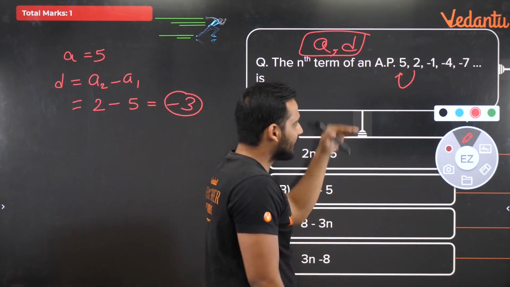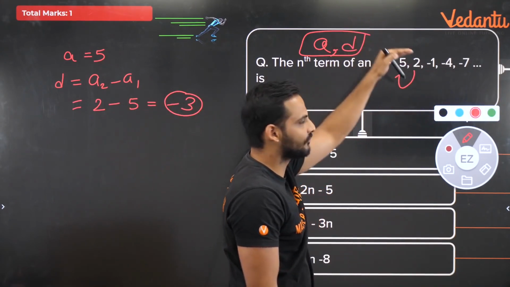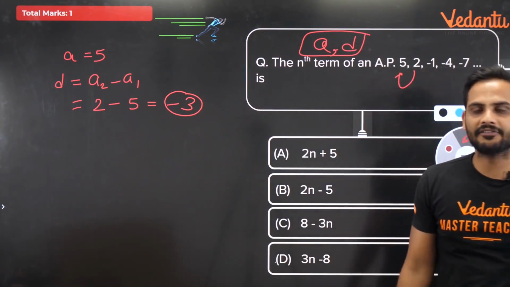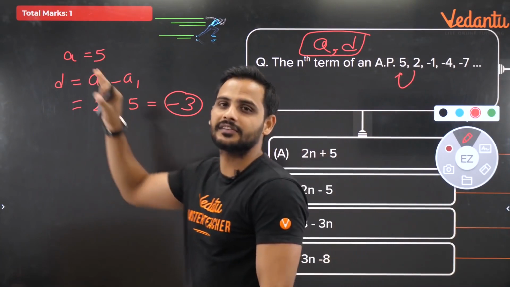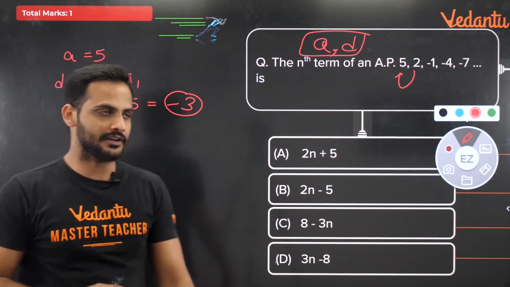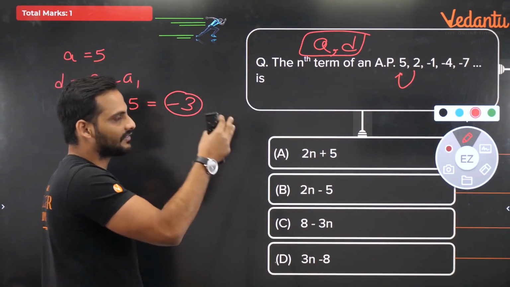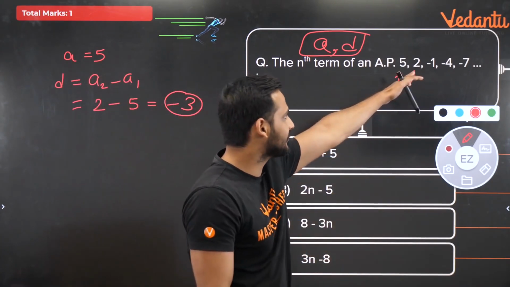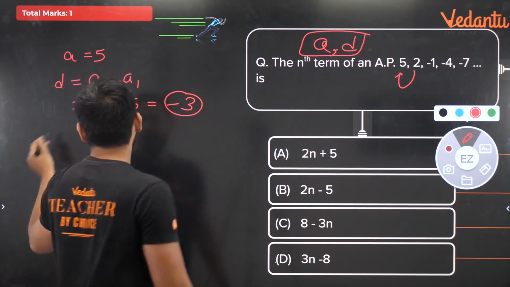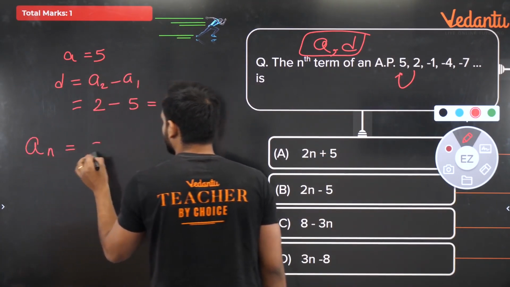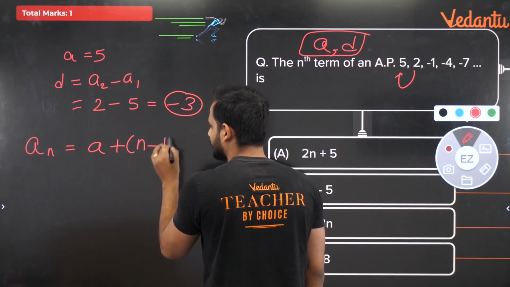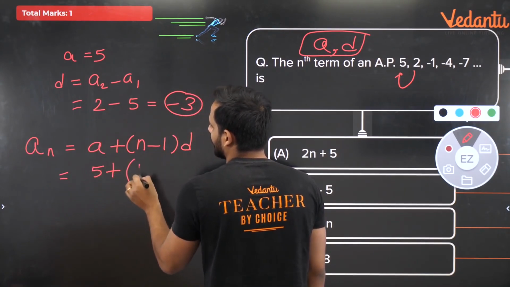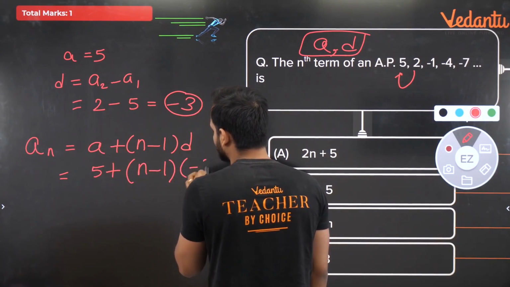Always remember, if the AP is decreasing, you can see 5, 2, minus 1, minus 4, minus 7, the common difference will be negative. If the AP is increasing, the common difference will be positive. So when you look at the AP, you should have this idea whether the common difference will be positive or negative. I can very well say it is going to be negative. Now the general term formula, an is equal to a plus n minus 1 into d, which means 5 plus n minus 1 into minus 3.